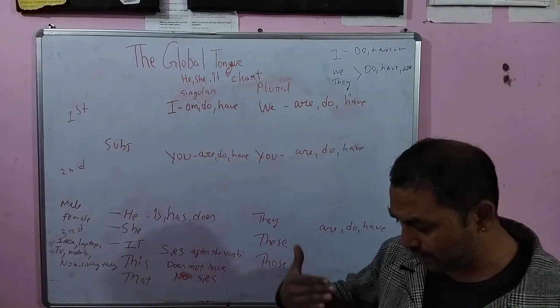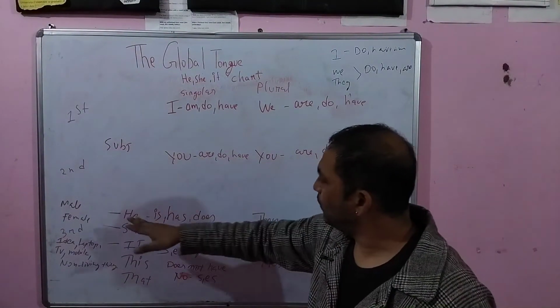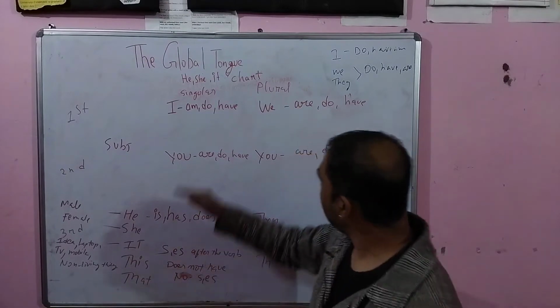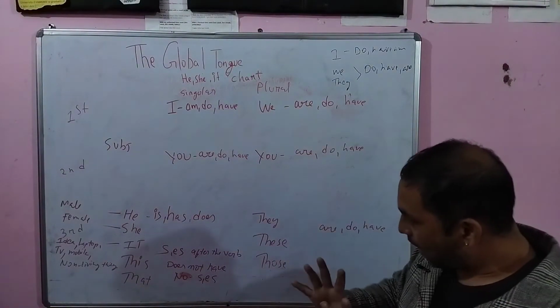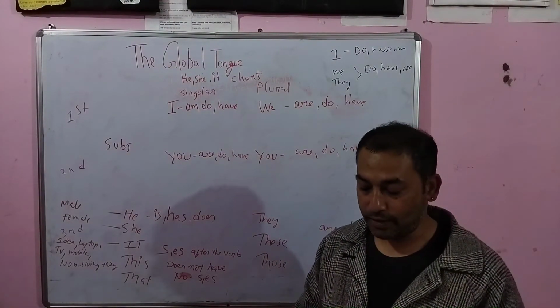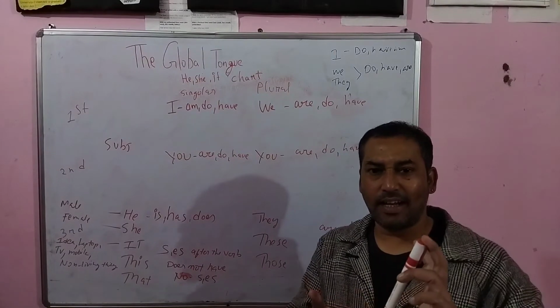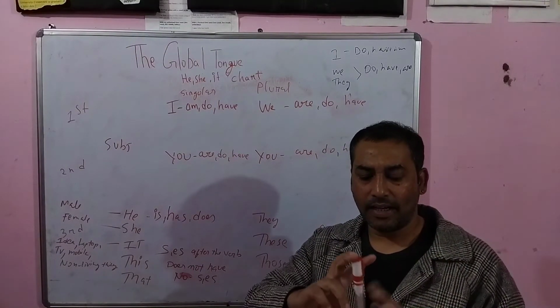So let me tell you one more time. I, you, he, she, it, this, that, we, you, they, these, those are subjects every time. So if I say the marker has a lot of ink, marker is a name.